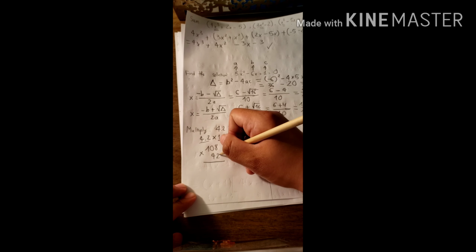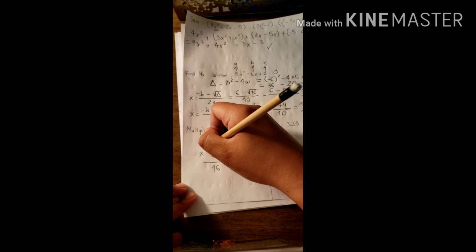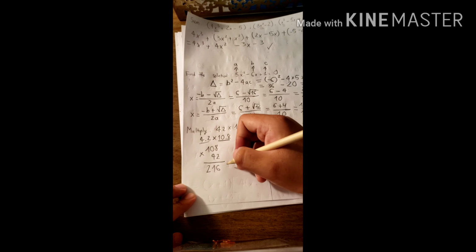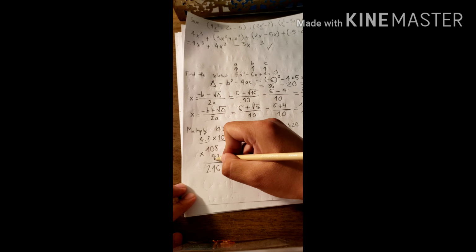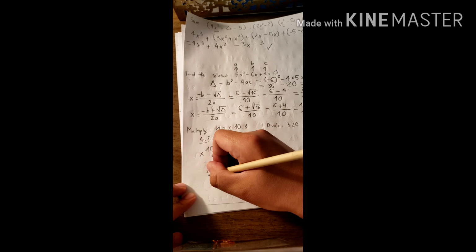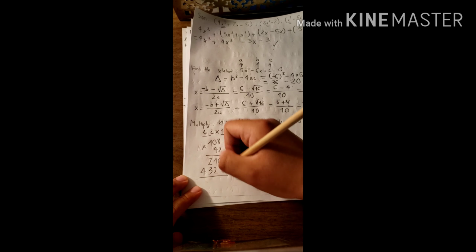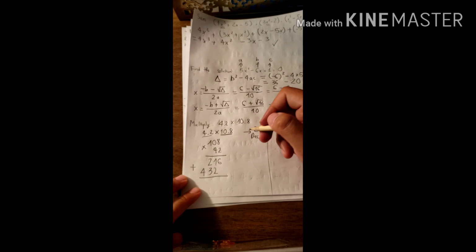So let's begin. 2 multiplied with a is 16. 2 multiplied with 1 is 200. The next one is number 4. 4 multiplied with a is 32. 4 multiplied with 1 is 4. So that we sum together in here.